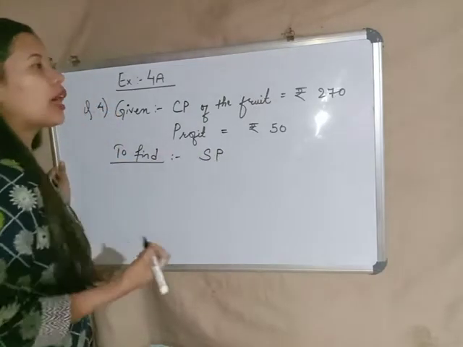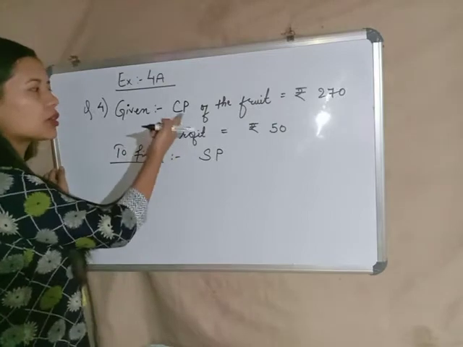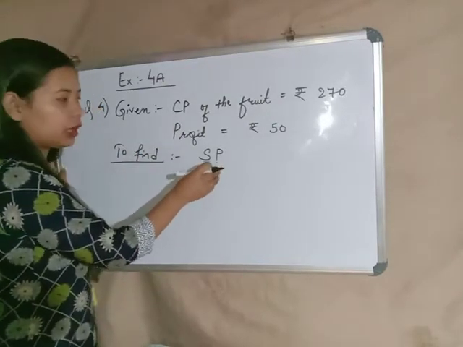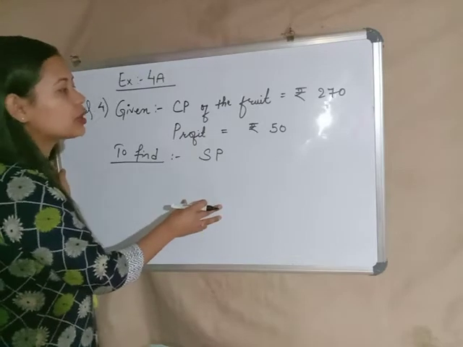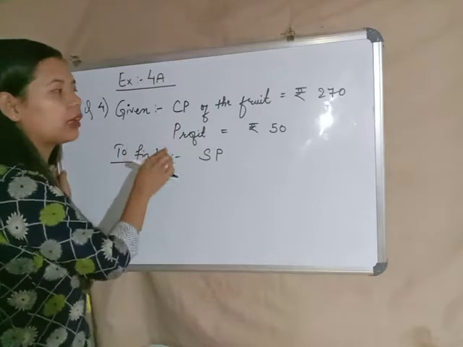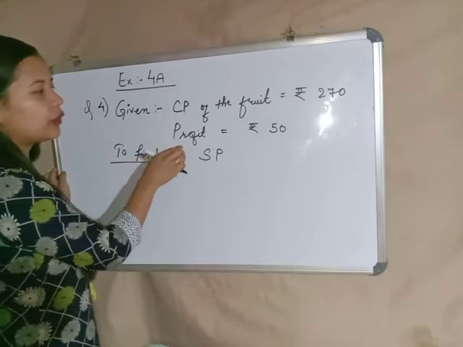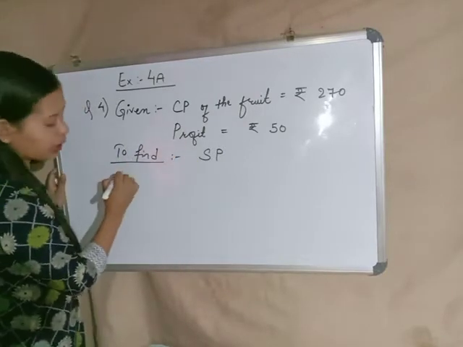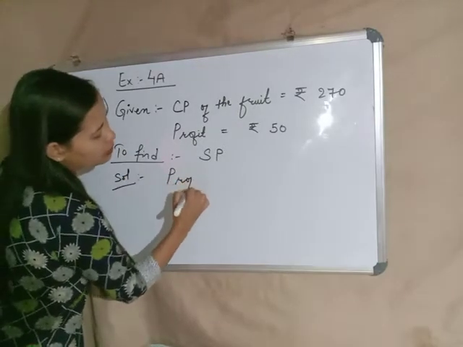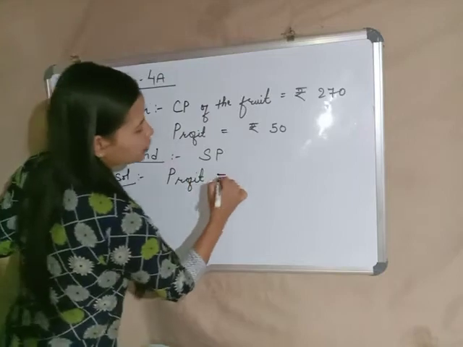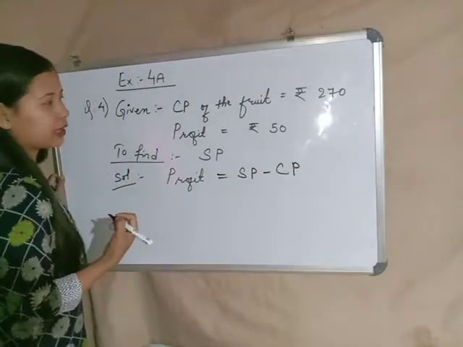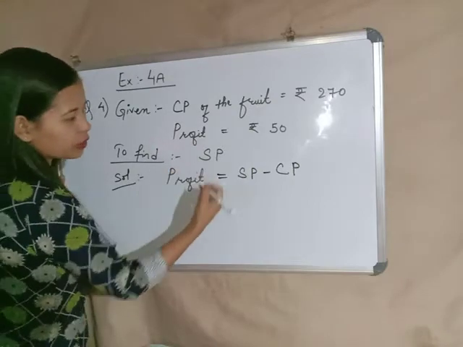So you have three quantities here, you have cost price, you have profit and you have selling price, which is to be found out, right? So you need to use the formula that relates all these three things. The formula that relates these three quantities is profit equal to selling price minus cost price. I need to figure out the selling price.